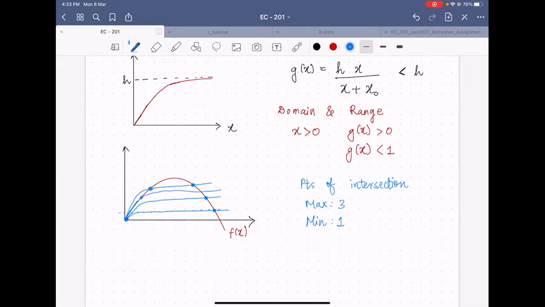Again, we would have 3. There could also be 1 point of intersection, which becomes tangent to this. Here I have x equals 0 as one of the points of intersection, and I can have one more here.